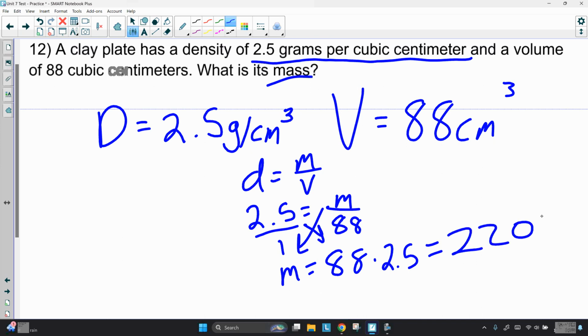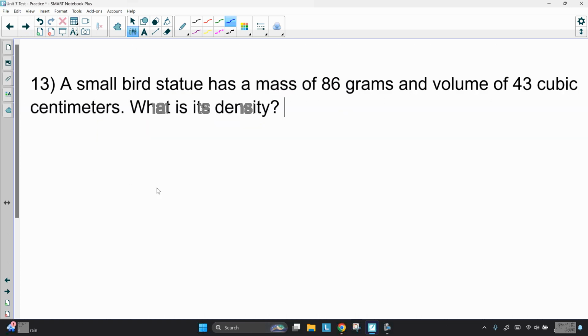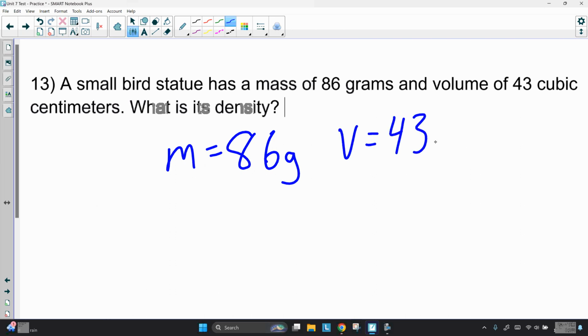Let's see what the next one is. Oh, a small bird statue has a mass of 86 grams. That's going to be our mass, okay? And the volume of 43 cubic centimeters. Okay, and what is the density? Well, just like on the last slide, it is mass, which will be our 86, over the 43 for the volume.